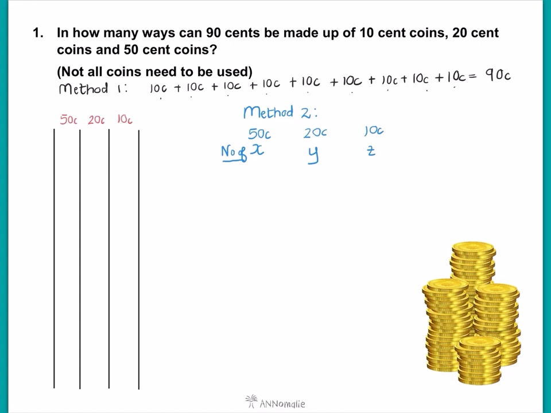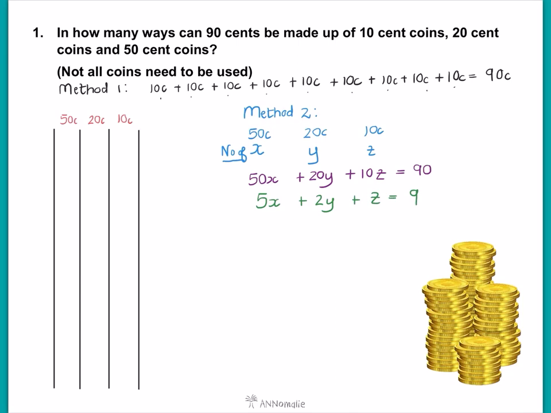So we know that we could write this as an equation. We're always looking for an equation in maths. 50x plus 20y plus 10z equals 90. And that of course simplifies to 5x plus 2y plus z equals 9.